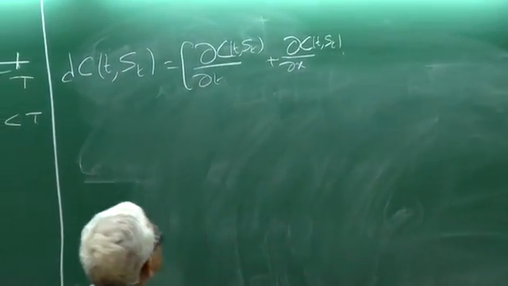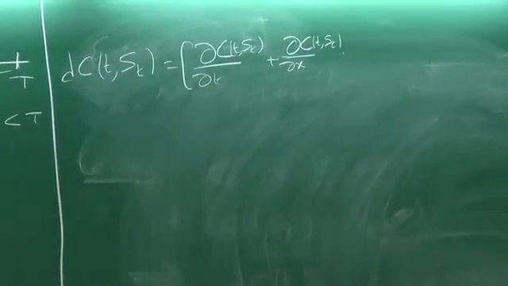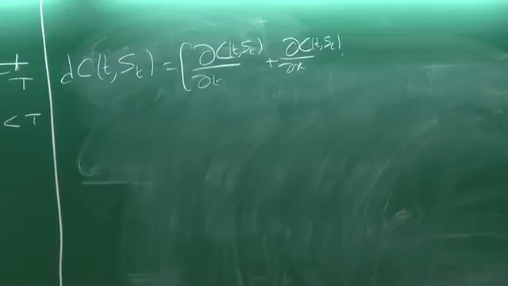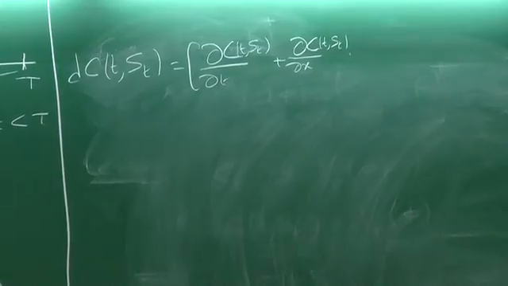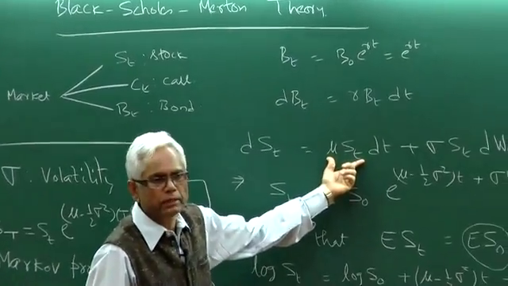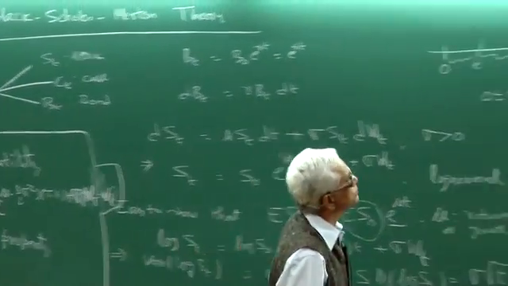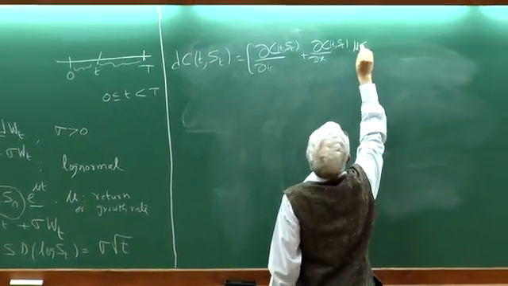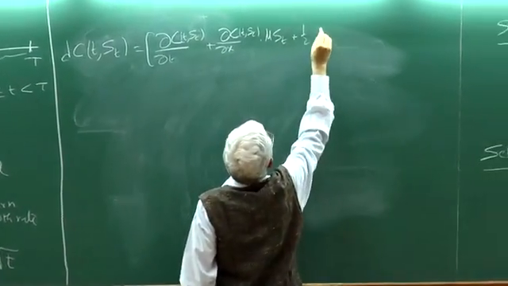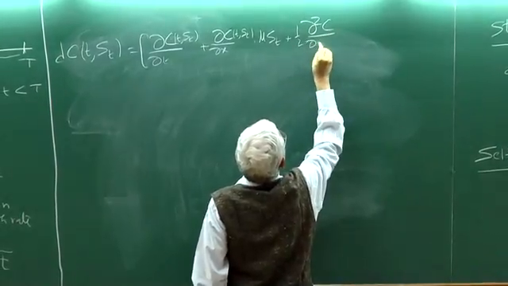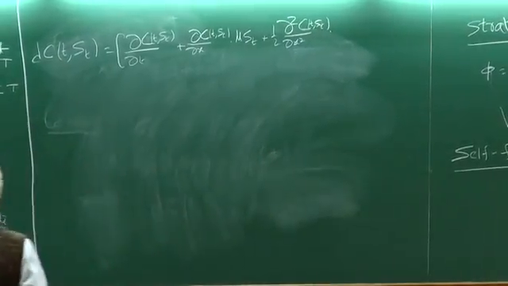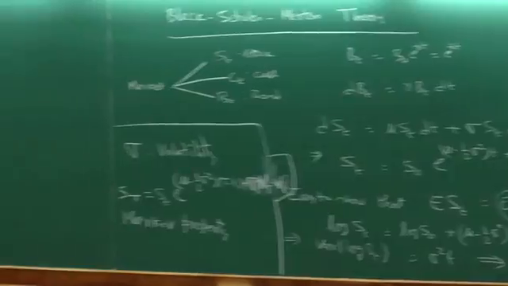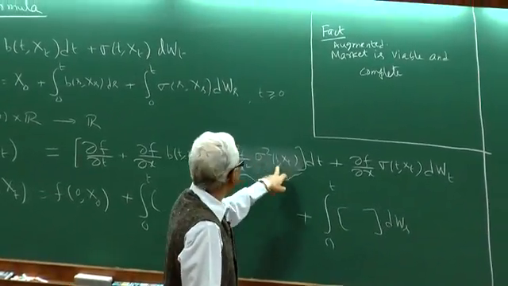Now times what? Times b, right? What is b here? Mu S_t, right? b is here mu S_t. Plus half times sigma squared. What is sigma squared(t, x_t)?